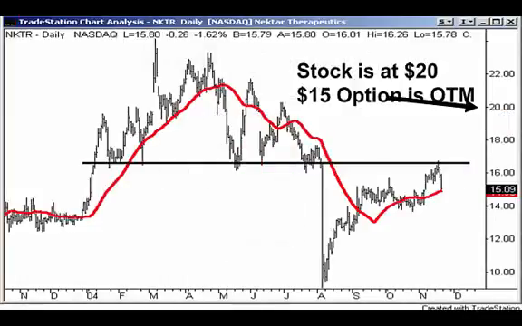So if the stock price is up here at 20 and we own the $15 put down here, this put is considered out of the money and there is no intrinsic value or actual value of that option.